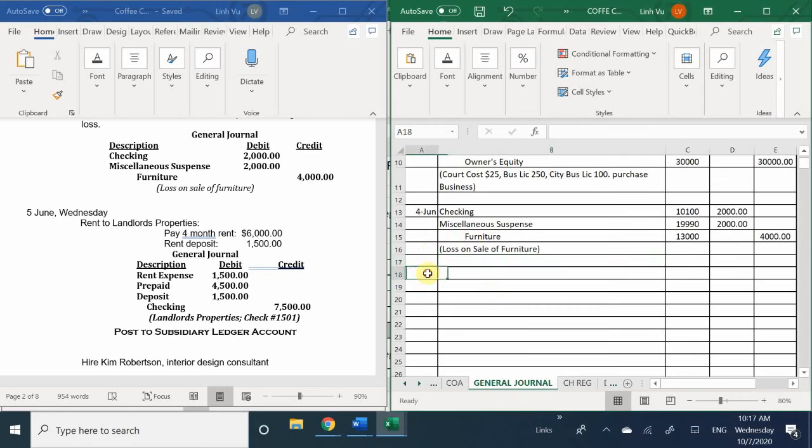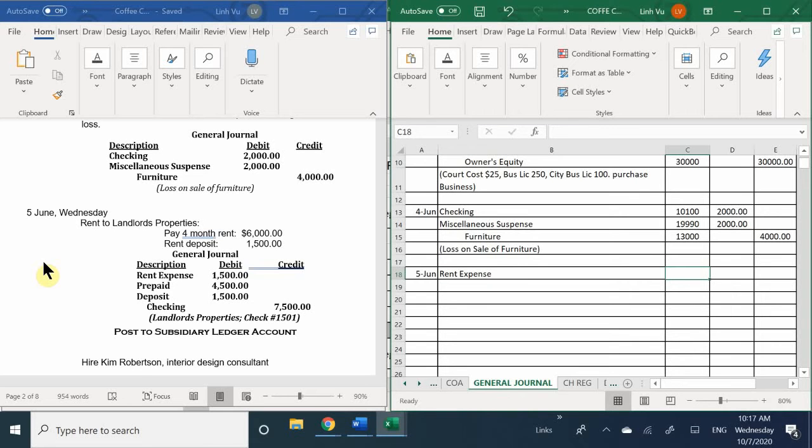Okay. So in this case, June 5th, what do I know about rent expense? It's an expense, right? It's what we have to do for the business. So are we increasing our rent? Yes, we are. Okay. Rent expense.